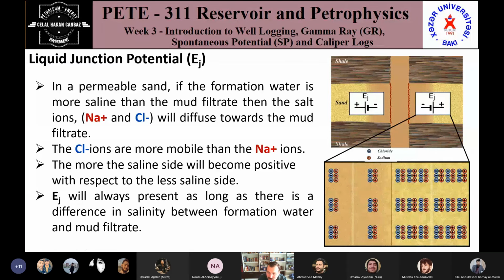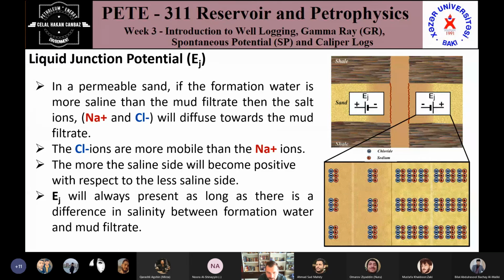So the current that flows across the junction between solutions of different salinity is driven by, as we called previously, EMF. This EMF is called the liquid junction potential. The magnitude of the liquid junction potential is only approximately 1/5 of the membrane potential.